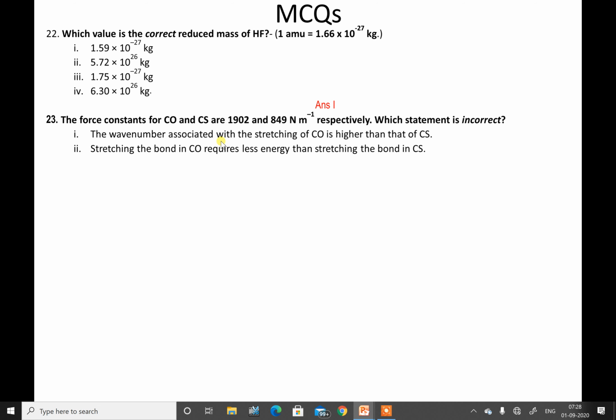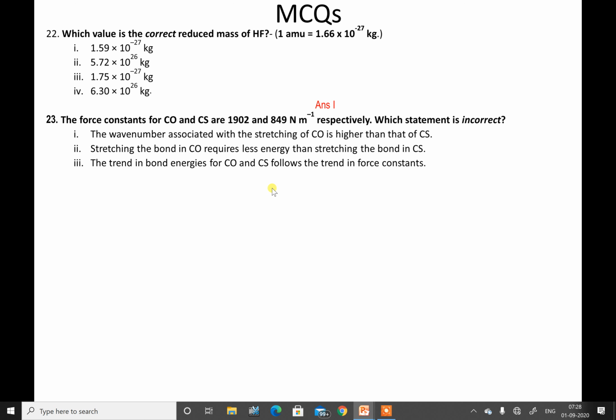The force constants of CO and CS are 1902 and 849 respectively. Which statement is incorrect? The wave number associated with the stretching of CO is higher than that of CS.